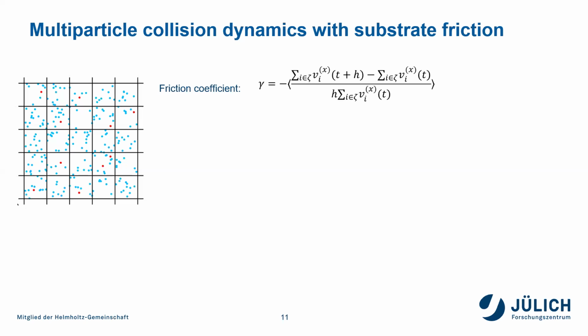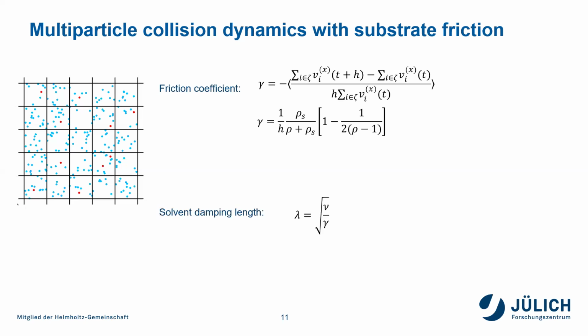But since we have these virtual particles, there is a certain momentum lost. And this we can calculate and average, and you get that the friction is proportional to the fraction of virtual particles that you are putting, and to the length of the collision time.